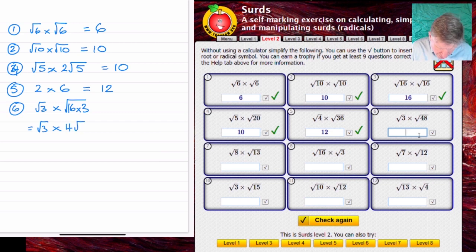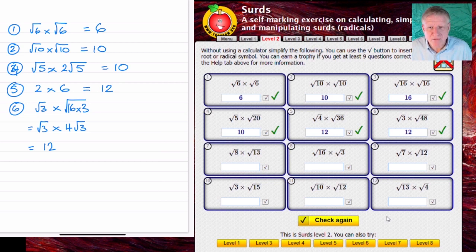So it's 4 root 3. And now I can see that the root 3 times root 3 is going to give me 3, times that factor of 4. So 3 times 4 is 12. That's the answer that goes here, 12.